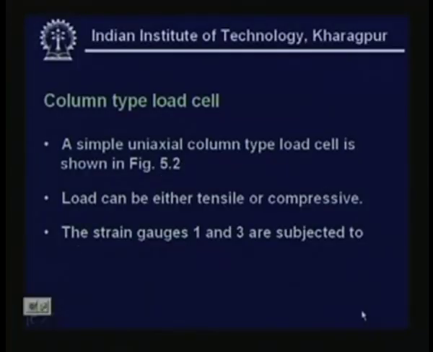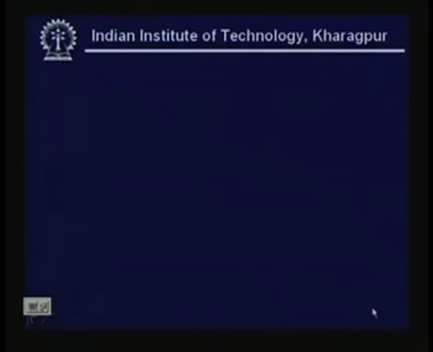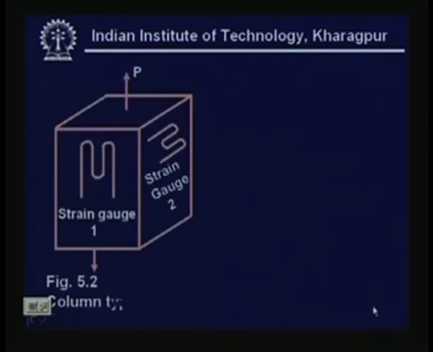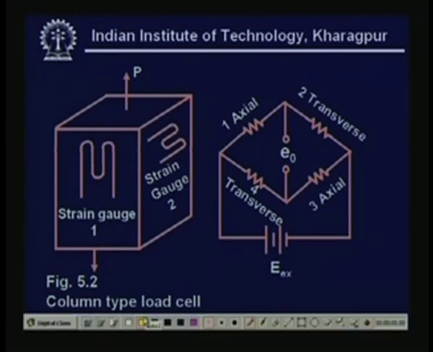The strain gauges 1 and 3 are subjected to axial strain, and gauges 2 and 4 are subjected to the transverse strain. You see that this is a column type load cell, which is figure 2. Now, you see here this strain gauge, here this strain gauge, it is shown like this one, whereas this is shown like this.